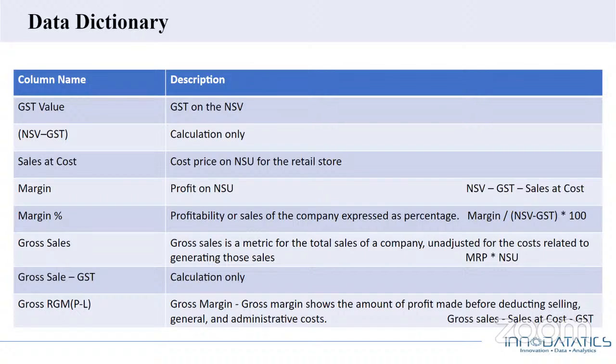Gross sales is a metric for the total sales of a company, unadjusted for the costs related to generating those sales. Gross sale minus GST is again a calculation column. Gross RGM or gross margin shows the amount of profit made before deducting selling, general, and administrative costs.